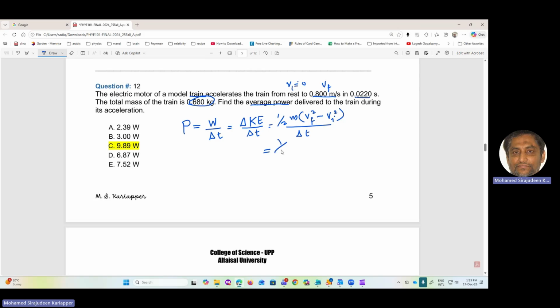So let me collect all the values. M is 0.680 and final speed is 0.800, square it, minus initial speed is 0, square it, divide by the time taken, 0.0220.